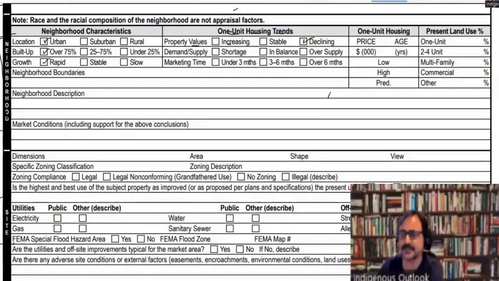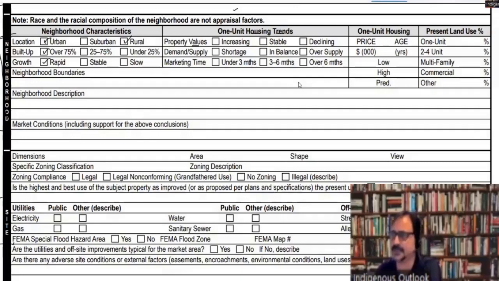We need a justification for how it is possible. But if it is increasing, or even if stable, I will be fine. It's urban, so declining is not going to work for me. If it is declining, then growth should be slow, right? Built up area could be over 75%, that is fine. But if it is stable, I am fine. But declining, again, I need to see.